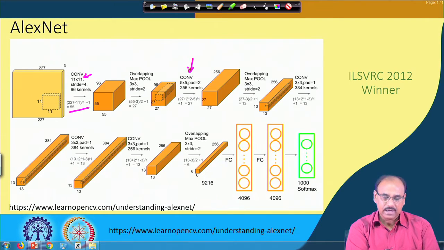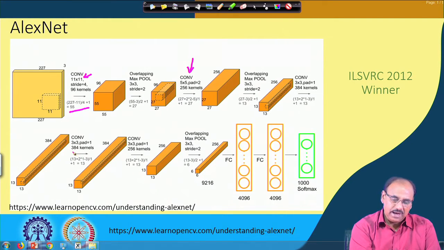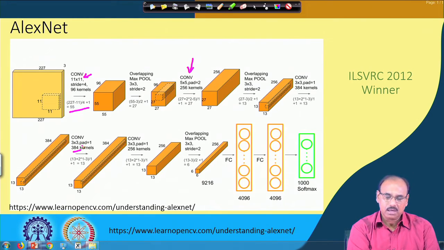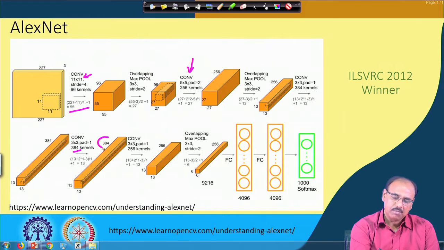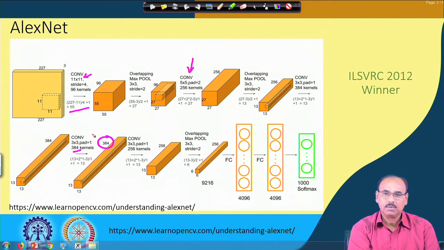Again the convolution kernel size is 3 by 3 with padding equal to 1, and this has 384 kernels. That means the output of this convolution layer will have again 384 channels or 384 feature maps, and every feature map is of size 13 by 13.